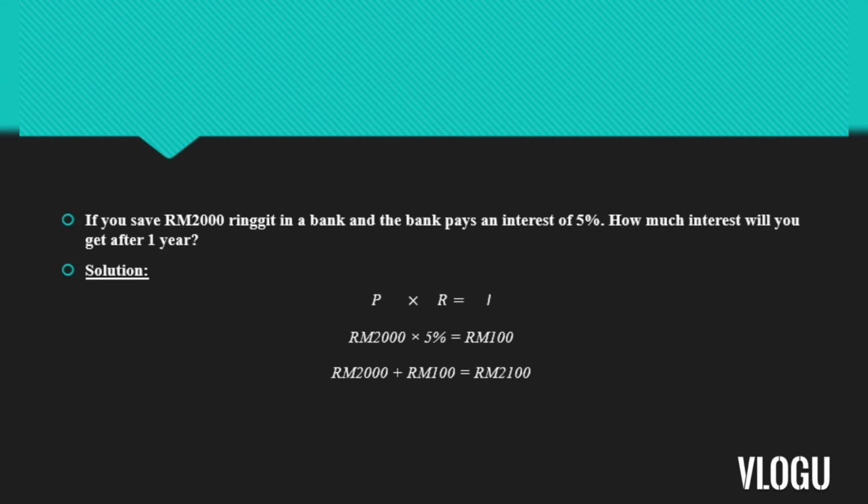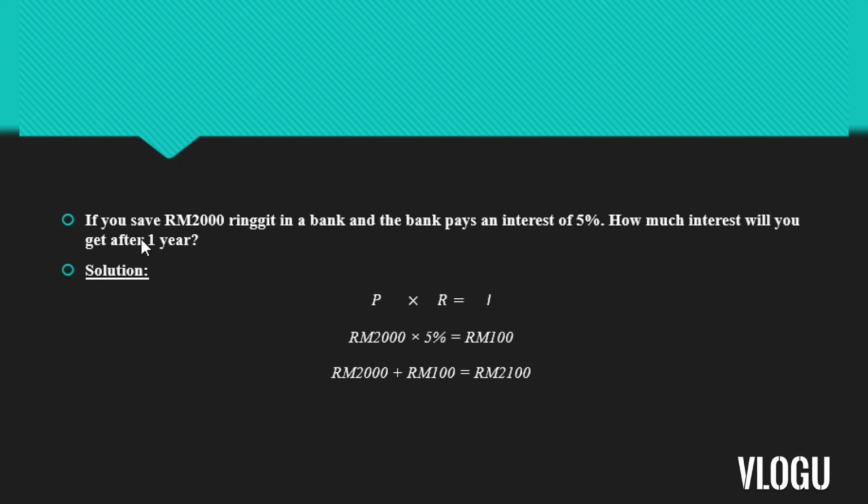Okay class, you all have seen the video on the steps and example of the calculation of simple interest. So now I will teach you to calculate the simple interest by using the formula for question 1. If you save 2000 ringgit in a bank and the bank pays an interest of 5%, how much interest will you get after 1 year?